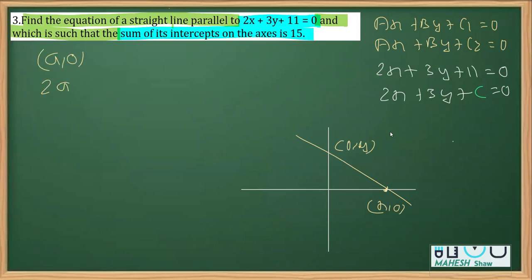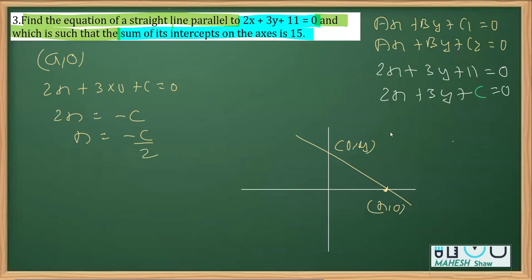That means 2 times a, replacing x with a and y with 0, plus 3 times 0 plus c is equal to 0. So we get 2x is equal to minus c, or x is minus c by 2. You may replace x with a if you are clear with that.